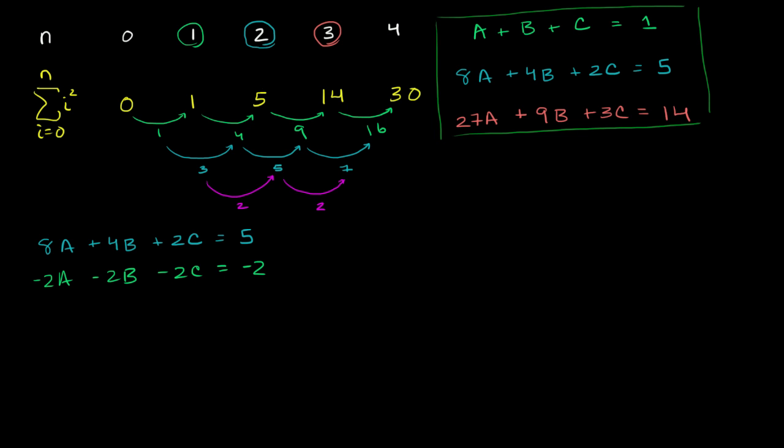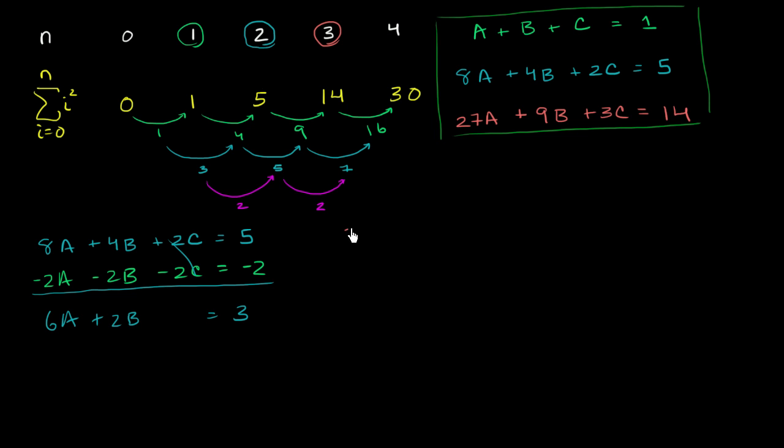And then if I add the left-hand sides and the right-hand sides, on the left-hand side I get 6A plus 2B, these cancel out, is equal to 3. And then the other constraint I could use is this orange one and the green to get the C's to cancel out here.